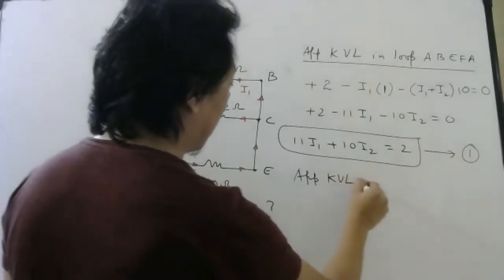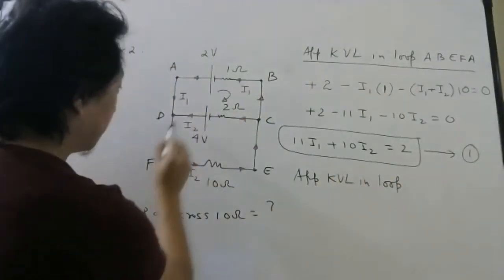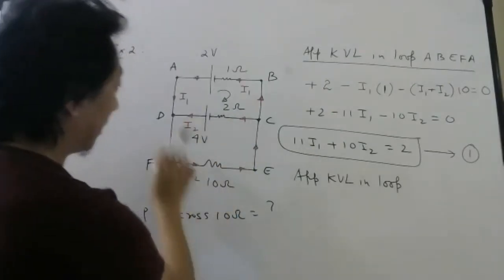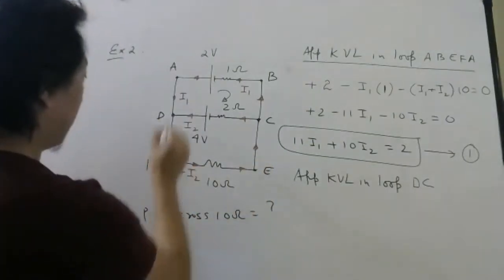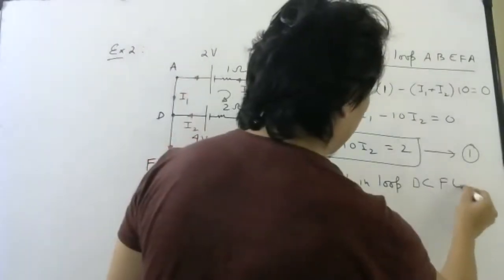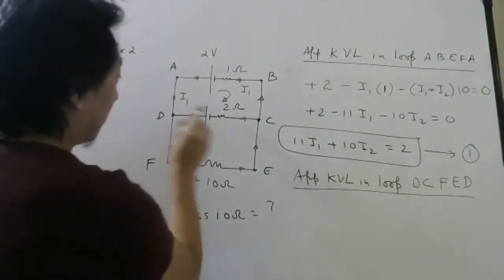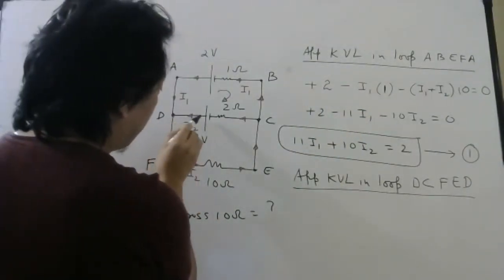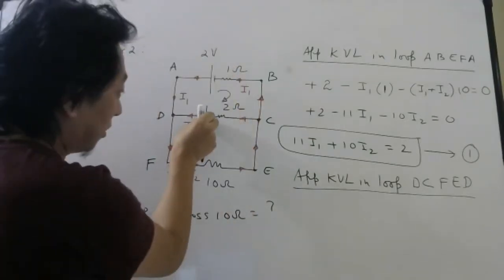Applying KVL in loop. This loop I will choose, okay, because it has only one battery. So I'll choose B, C, E, F, D. For this battery, you can see I'm going from higher potential to lower potential. So drop. What is the potential drop?